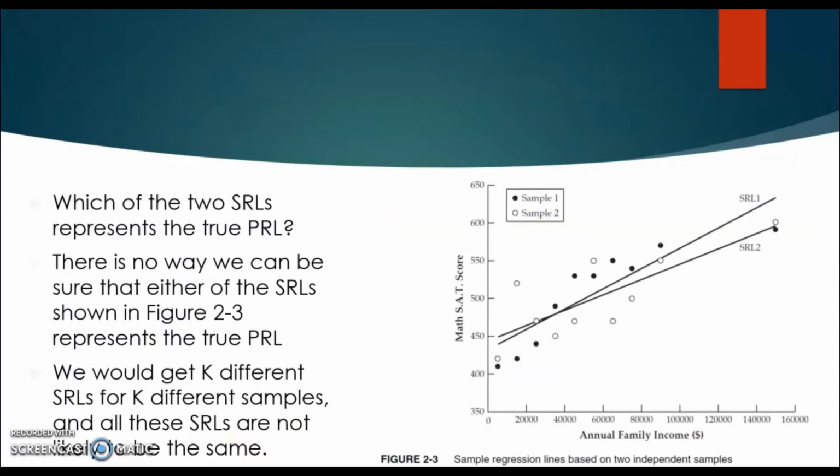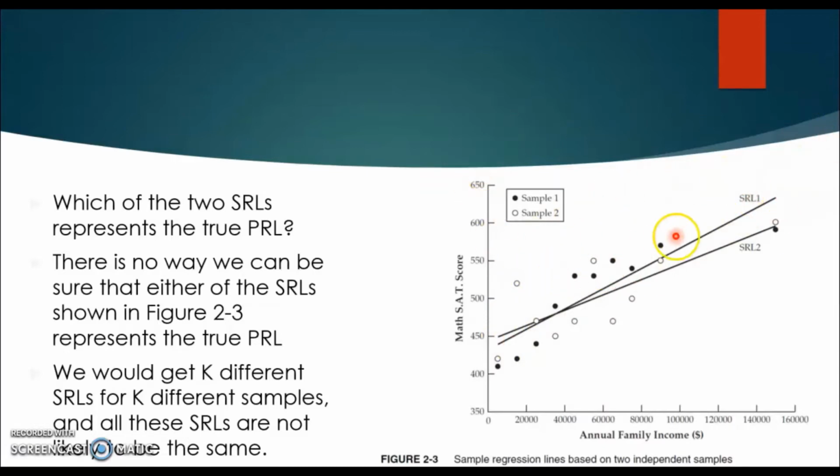If we have, for example, two samples, we will be able to create two different sample regression lines as shown in figure 2.3. So which one of these regression lines represents the true population regression line?